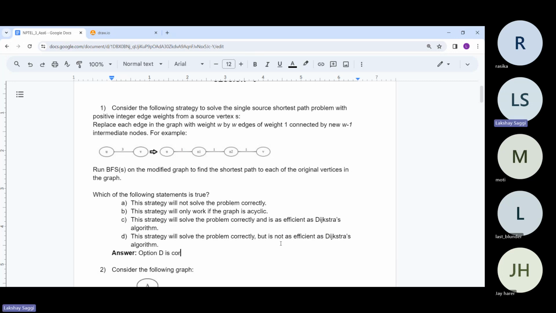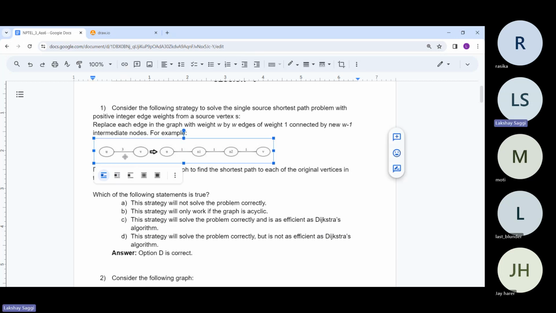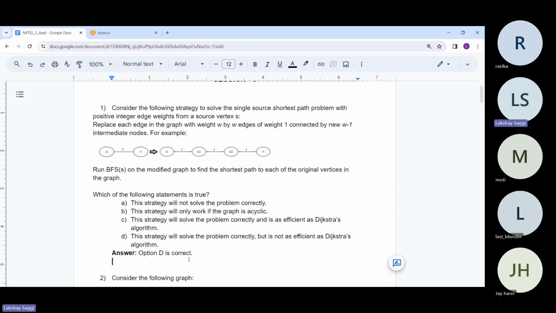And why is this correct? It can be easily seen that we are converting every edge into multiple edges, right? So an edge of weight 3 will be converted to 3 edges of weight 1. An edge of weight 7 will be converted to 7 consecutive edges of weight 1, and so on. So it's easy to see that the distance between u and v does not change.